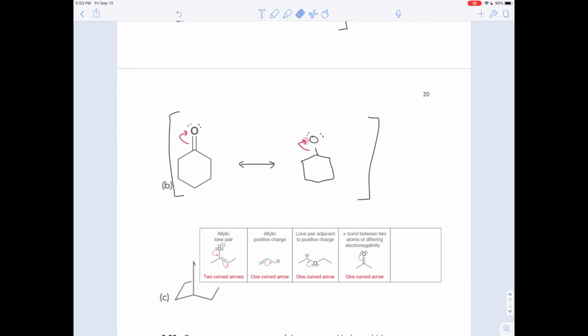If the head of a curved arrow is pointing at an atom, then you draw those in as a lone pair. All right, when you calculate the formal charges there, you'll see that the oxygen has a -1 and the carbon here has a +1. And so those are your 2 resonance structures.